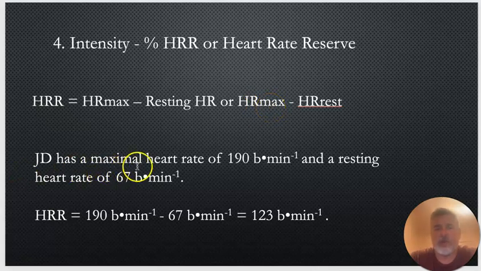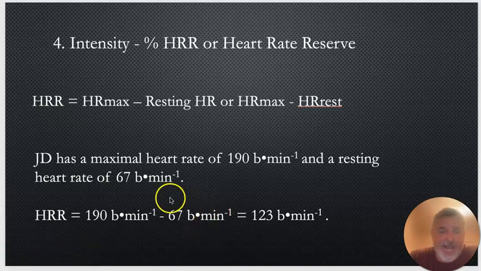JD has a maximal heart rate of 190 beats per minute and a resting heart rate of 67 beats per minute. So to calculate his heart rate reserve, you simply take 190 beats per minute and subtract his resting heart rate, 67 beats per minute. So you have a heart rate reserve of 123 beats per minute. This is the value I'm going to multiply and then add resting heart rate back in for my final answer.